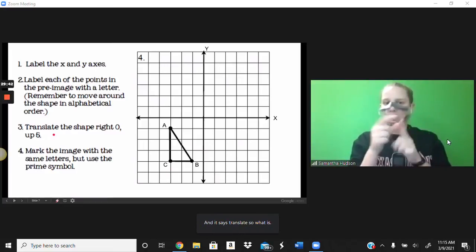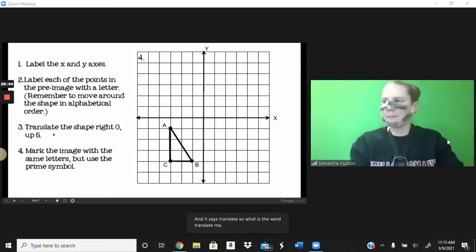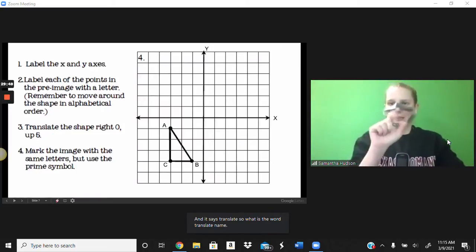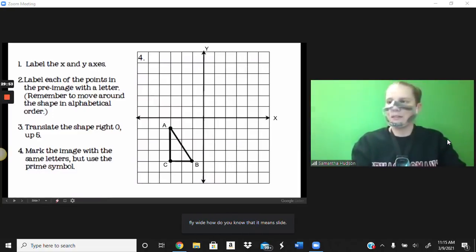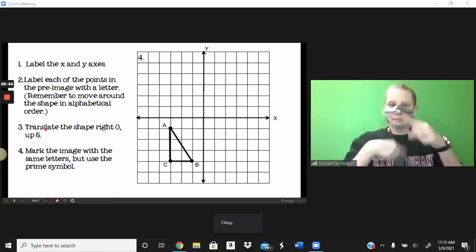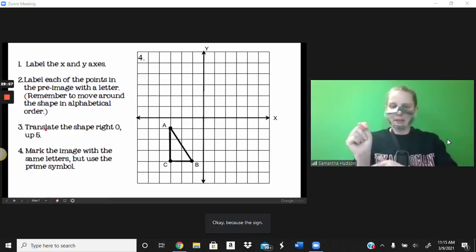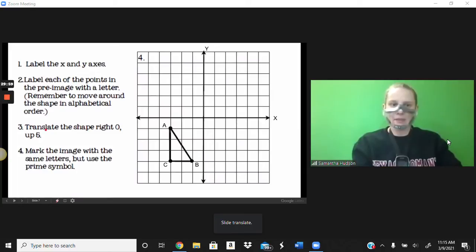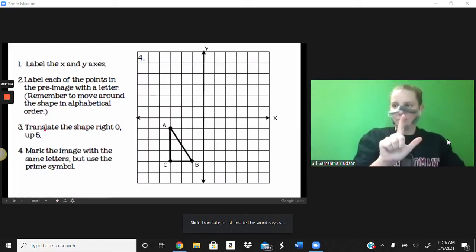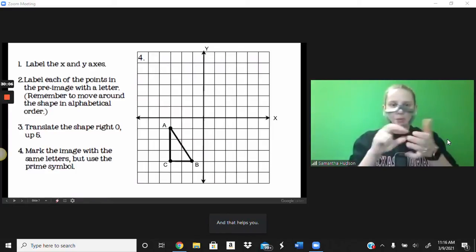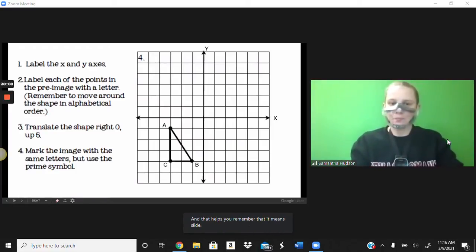So what does the word translate mean? Slide. How do you know that it means slide? Because inside the word translate it says SL, and that helps you remember that it means slide.